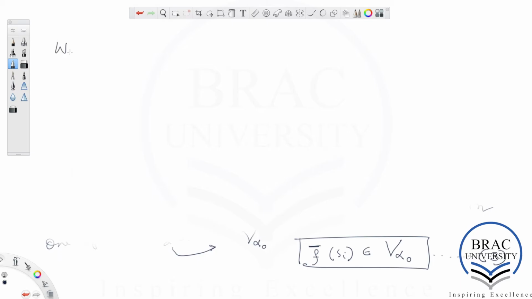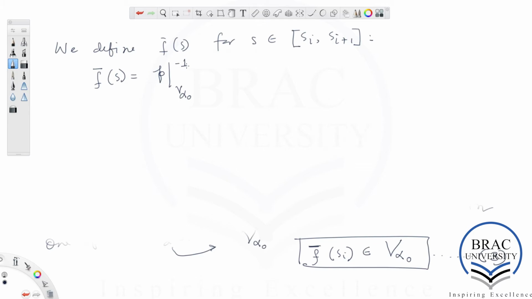Now, we define F bar of S for S belonging to this subinterval Si to Si plus 1 in the following way. We write F bar of S to be equal to P restricted to V sub alpha 0, to the minus 1, composed with F evaluated at S. It's equation number 4.